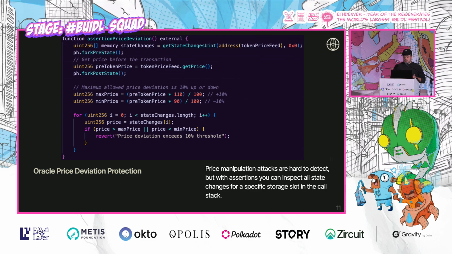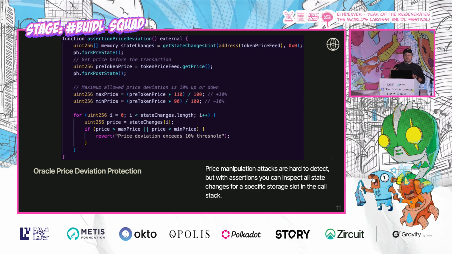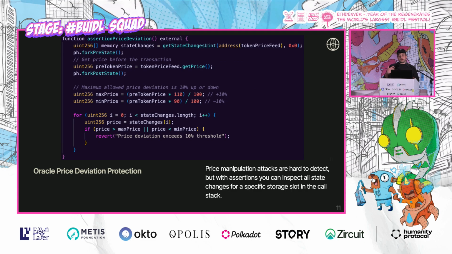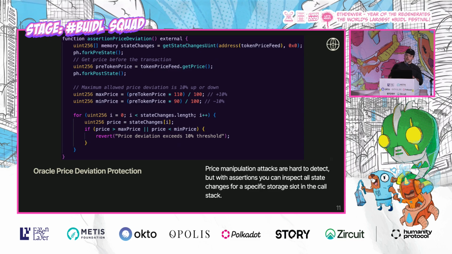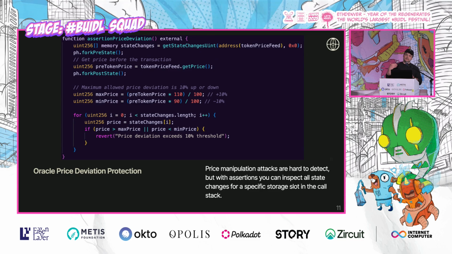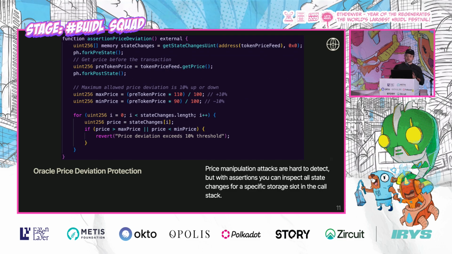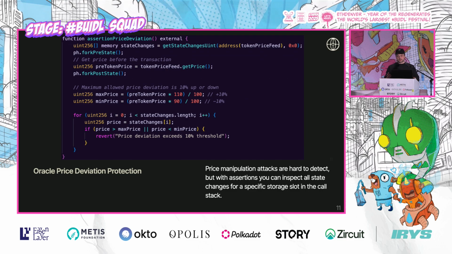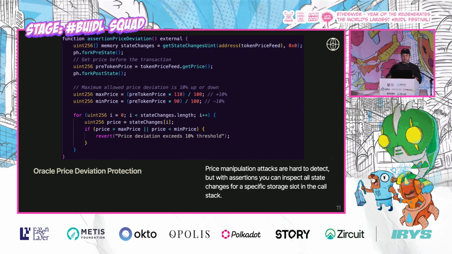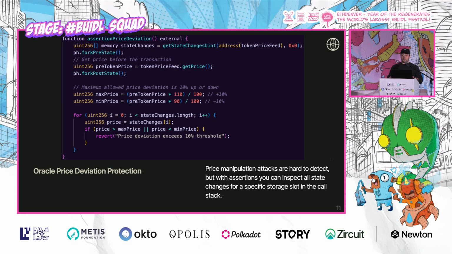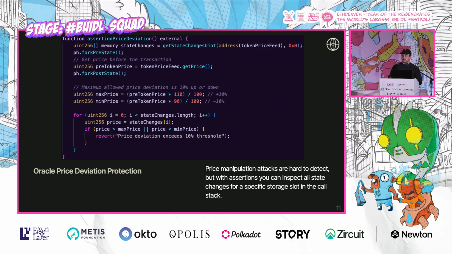In a similar way, we have the ability to get state changes for all the calls in the call stack. So in this case, we're checking if an oracle that is reporting a price has any high deviations within the call stack of a transaction. So this could be in the case of a price manipulation attack. We can basically see, does anything happen within this transaction that looks like the price is being manipulated?